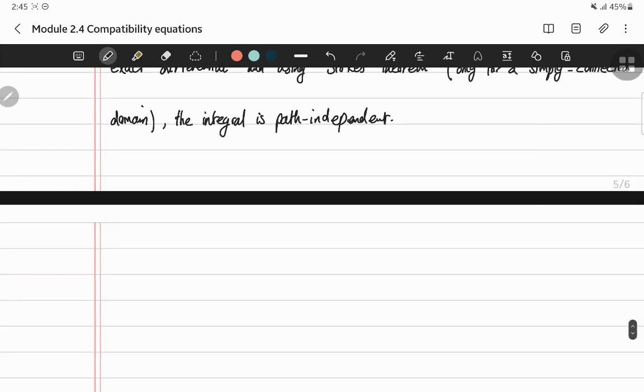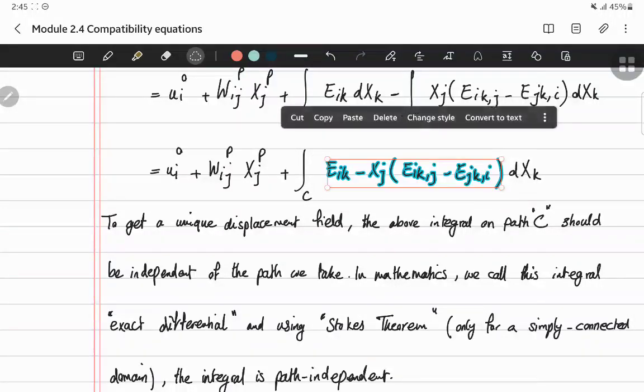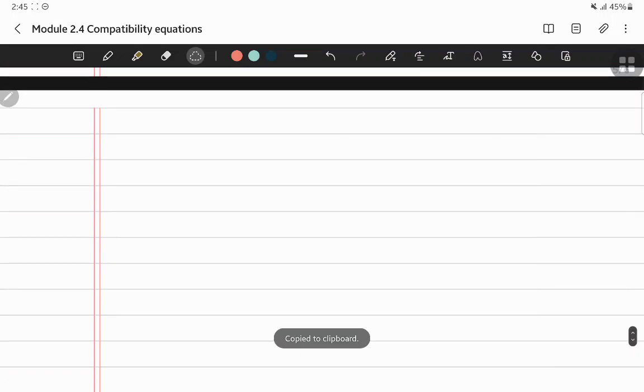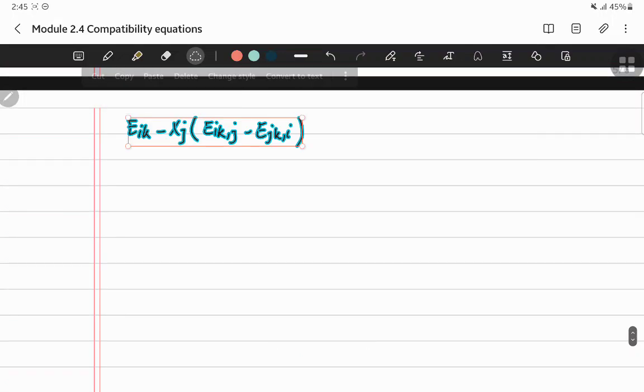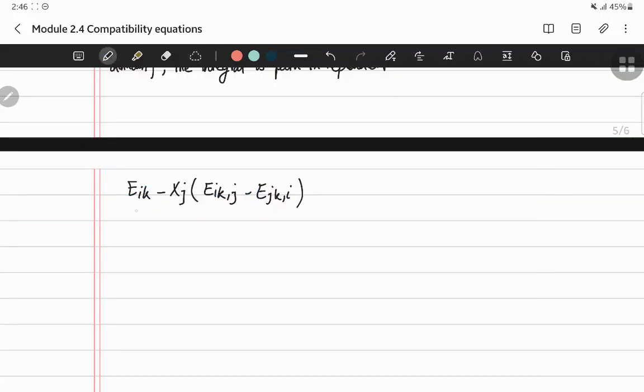So if I copy this integral and paste it here, we have this integral in here.